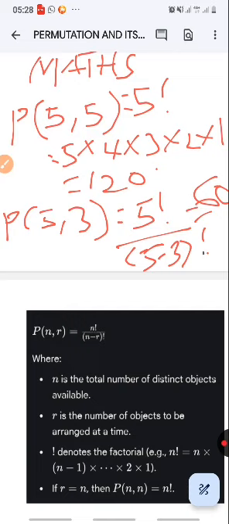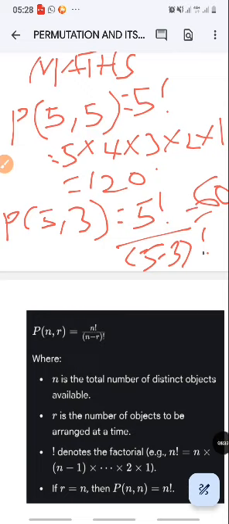In this case, your R becomes 5 and your total number is 5. Since R and the total number have the same value, you take the factorial of one of them, and that is 5 factorial.